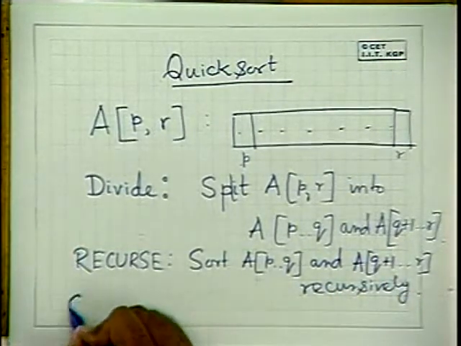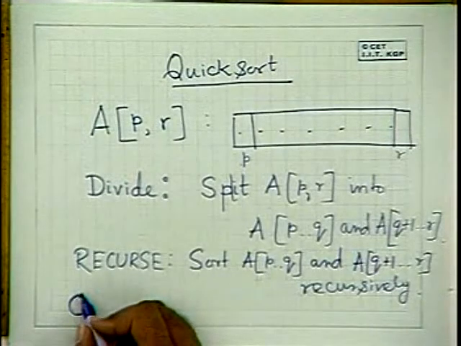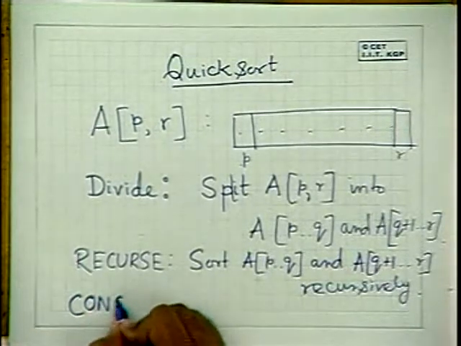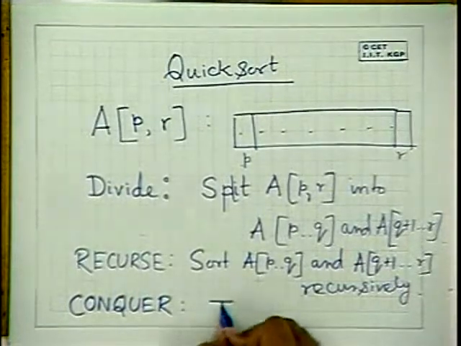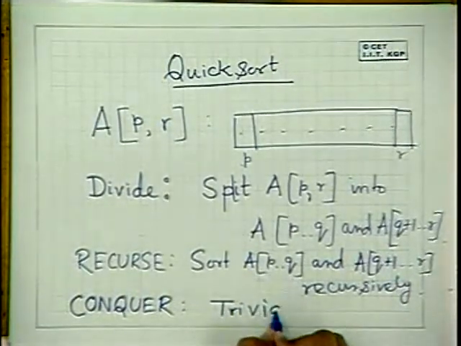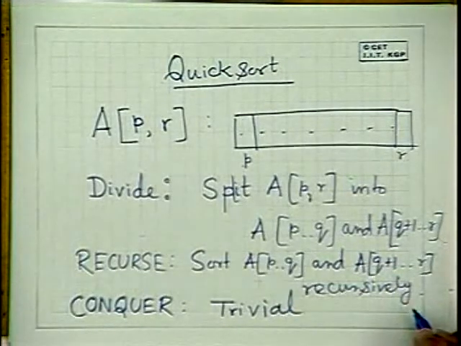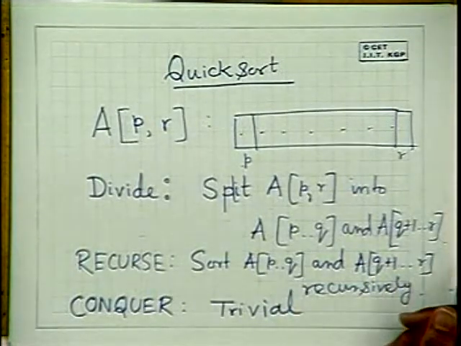Then you have a combine step or the conquer step. In this case, this is trivial actually. You don't have to do almost anything, because you have got your left part sorted, your right part sorted, and the way we will split, all the elements in the right part will always be greater than the elements in the left part. So the combine step is trivial. You don't have to do anything else.